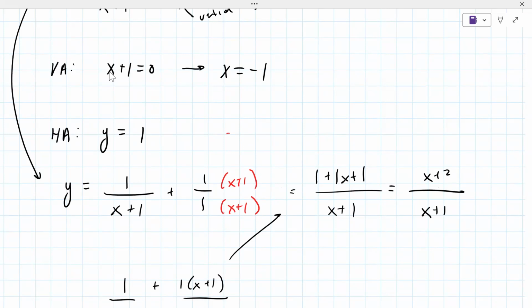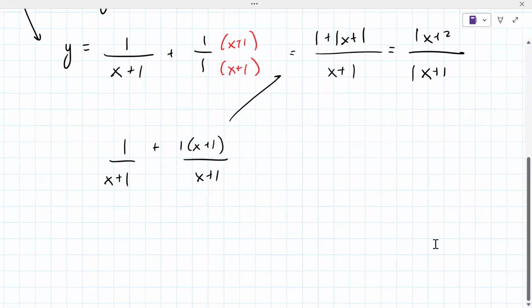Oh, right. Yes. And so yes to both of them. Okay. This other one is 1 over 1. Right. Yeah.